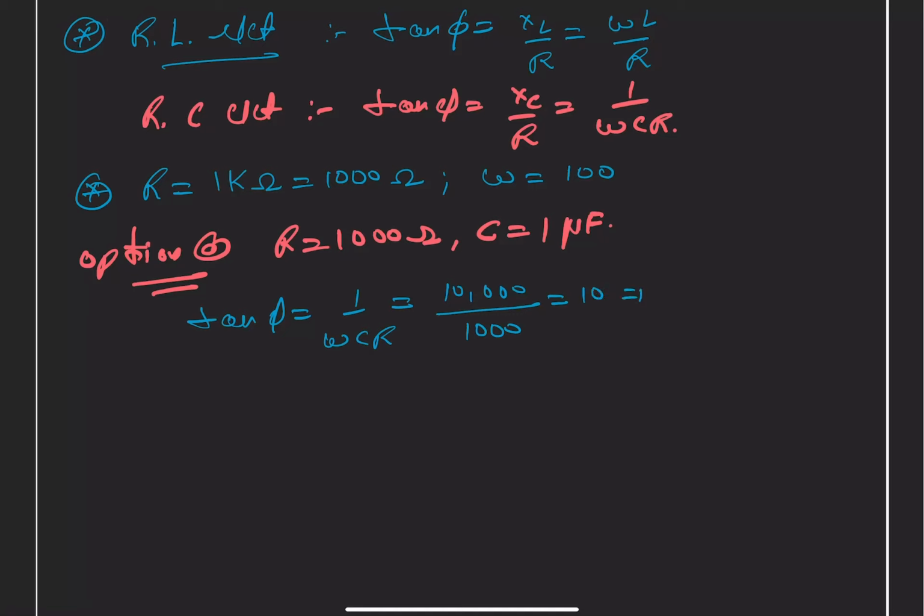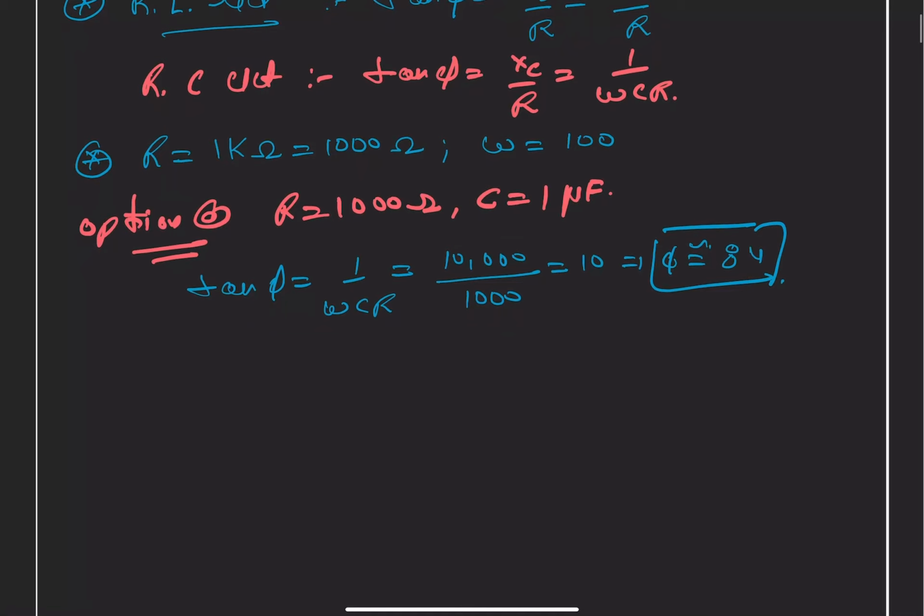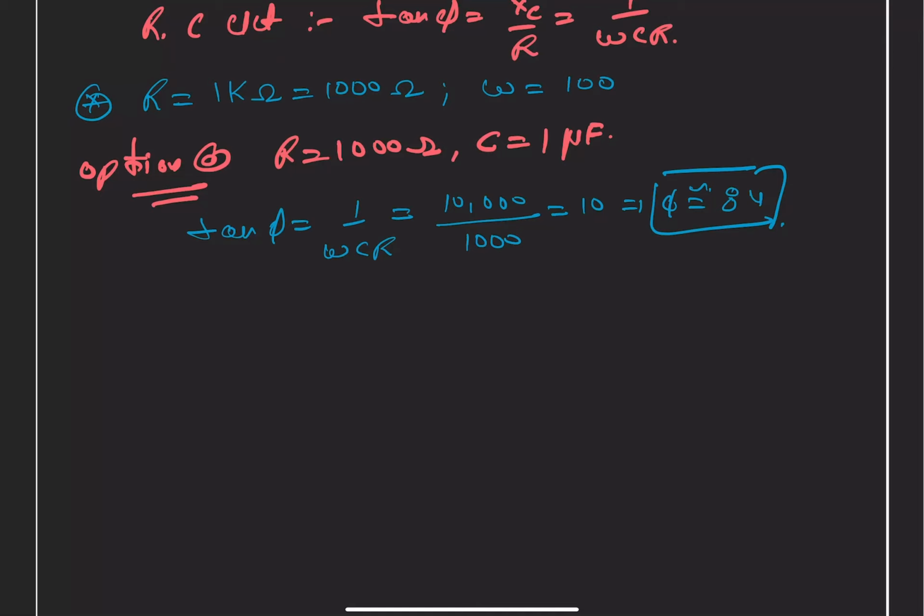From here we can say our phi is approximately close to 84 degrees. So obviously phi is not equal to 45 degrees, so this option is incorrect.